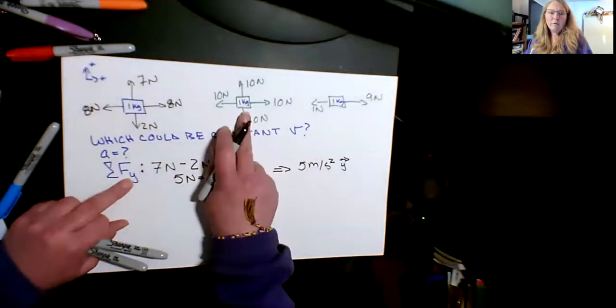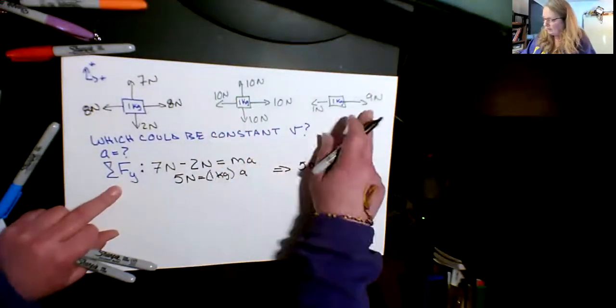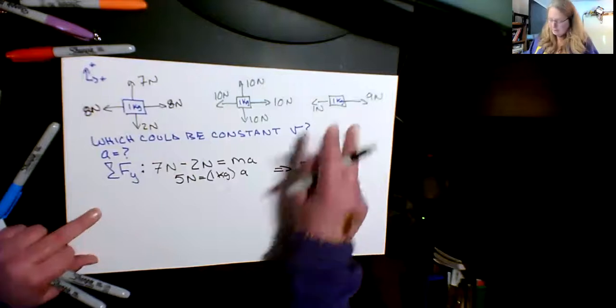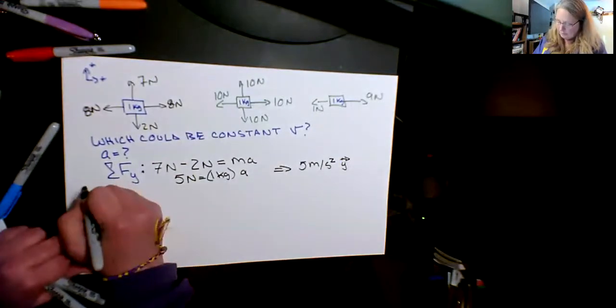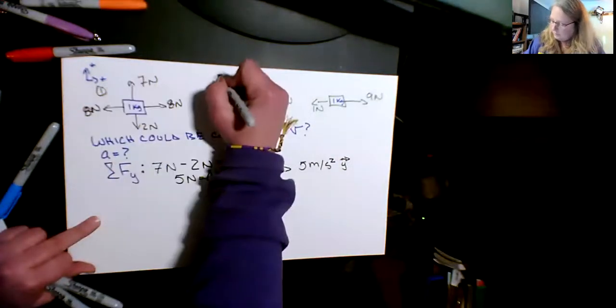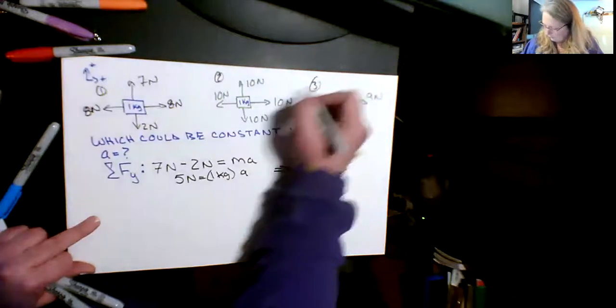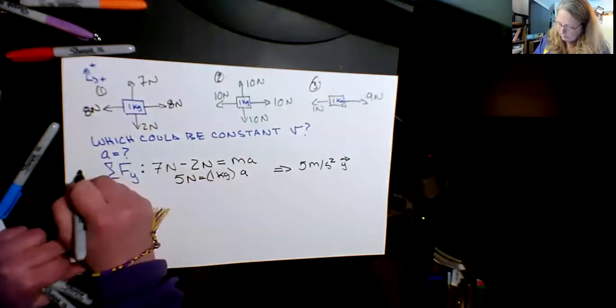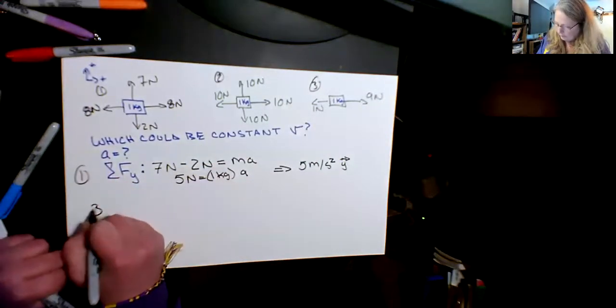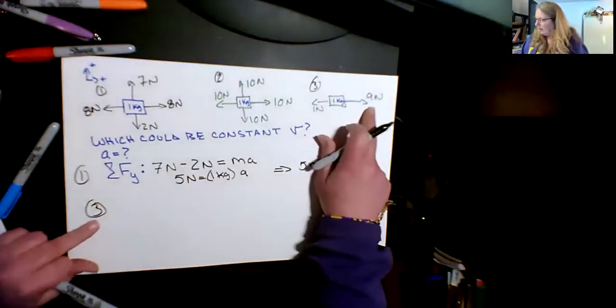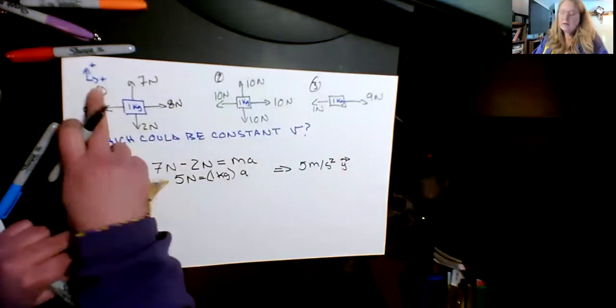This one, no acceleration, so we don't need to do anything with it. This one only has 2 forces acting on it, and those 2 are in the y. So let's just call this 1, 2, 3. So this is for 1. So for 3, I have a force in the positive direction as I've defined it.